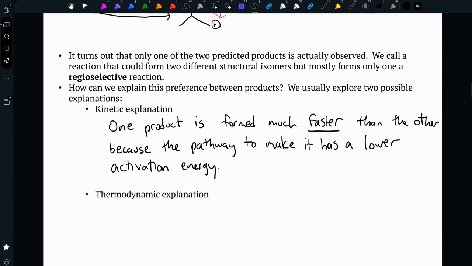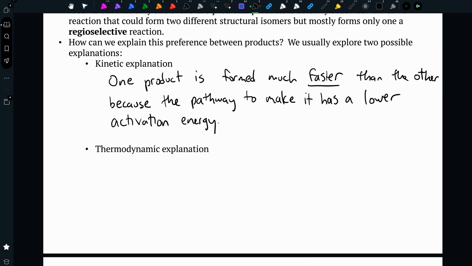We could also offer a thermodynamic explanation. In a thermodynamic explanation, what we're saying is, no, it's not necessarily the speed of the reaction. And often when we're using a thermodynamic explanation, we have a reaction that actually can go back and forth and will eventually settle on the more stable product.